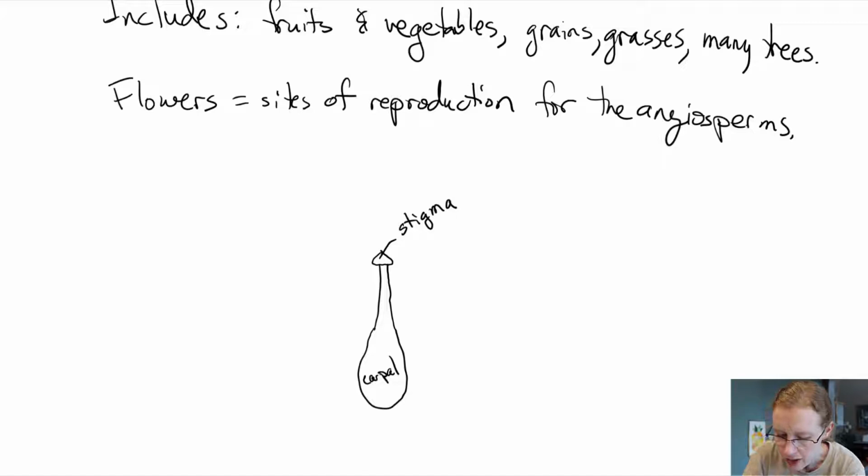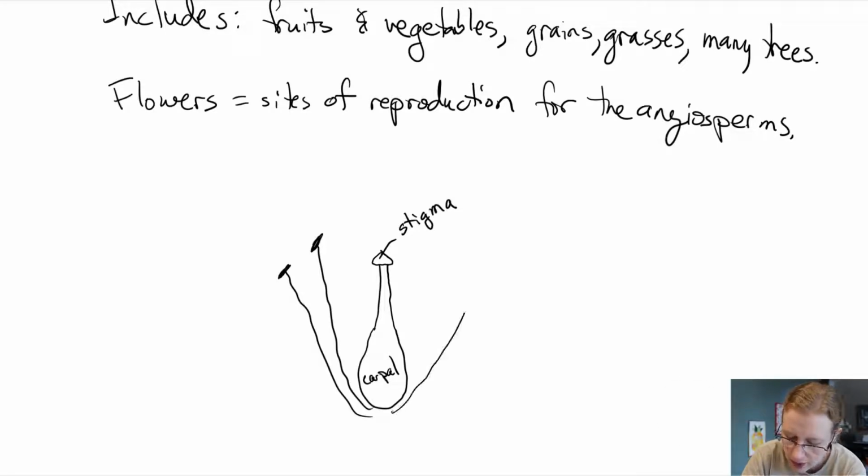And then around this, there are usually some stalks with little heads on the tips. Just draw a few of these, coming off more to the sides a little bit. And these other stalks that I'm drawing are the male structures within the flower.